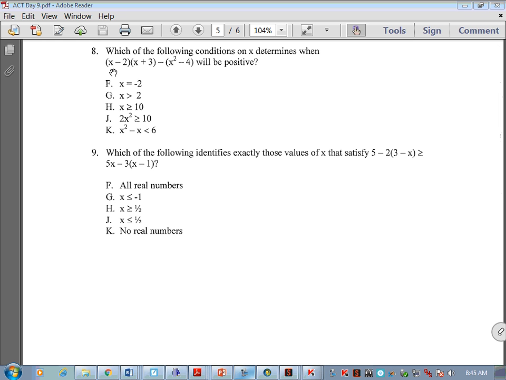So 2 squared is 4. 4 minus 4 is 0. 0 minus 0 is 0. 0 doesn't technically count as a positive number, right? So I'm not really getting anything positive there. G does come out as our answer. So if you see, you can actually throw the answers in as tests, right? And test the right answer.